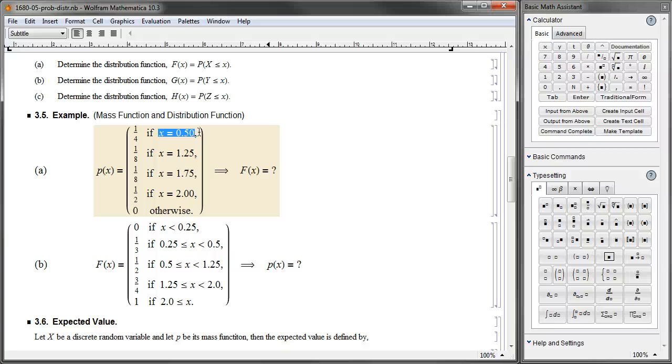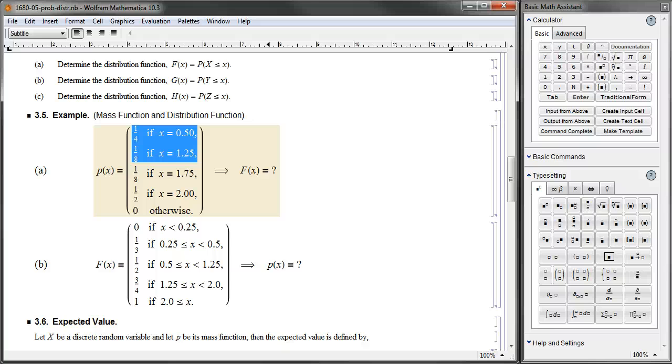And then between 0.5 and 1.25, only this one kicks in. So we have the probability of 1/4. And then after 1.25, up until 1.75, these two will contribute. So we have an accumulation, 1/4 plus 1/8.